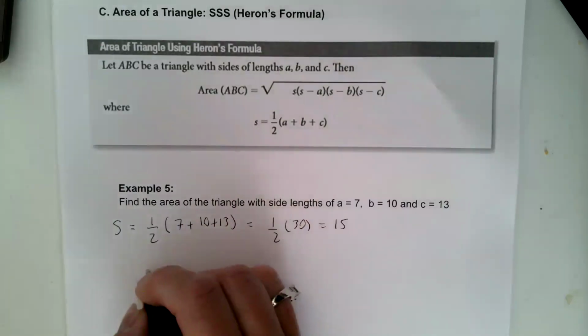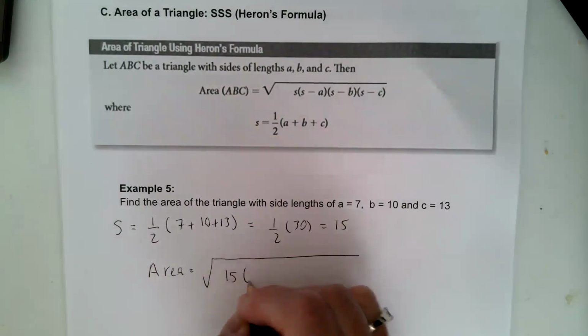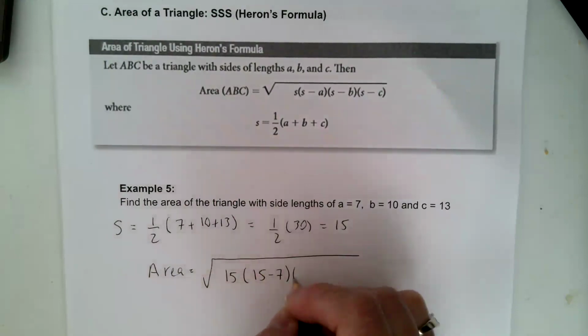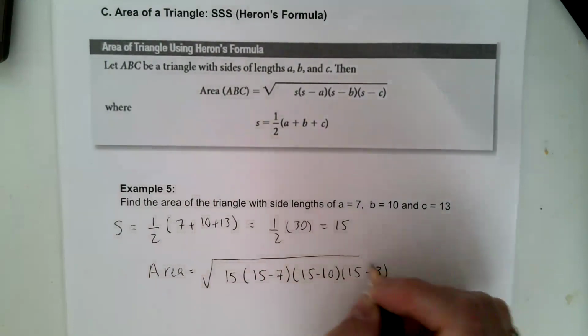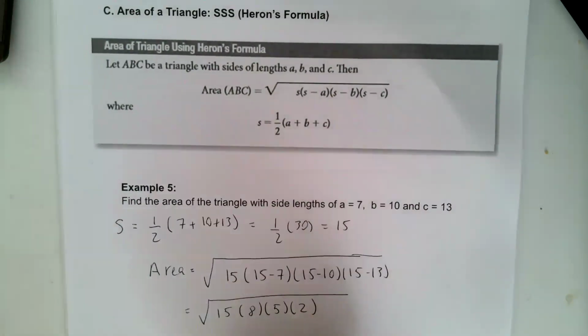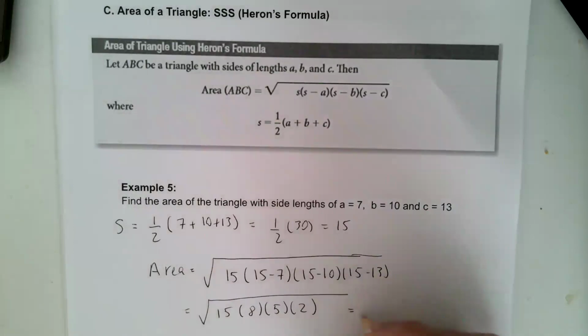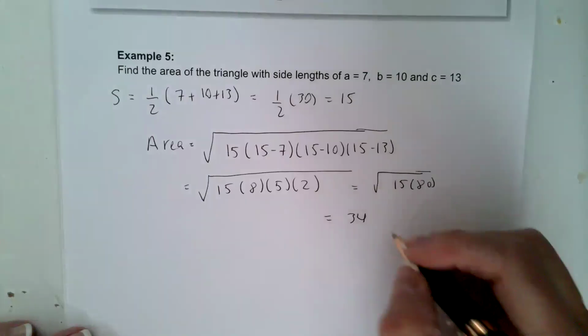So that's S. So the area is equal to S times S minus A times S minus B times S minus C. So 15 times 8 times 5 times 2 is the square root of 15 times 80 equals 34. Make sure you can see it, 34.64.